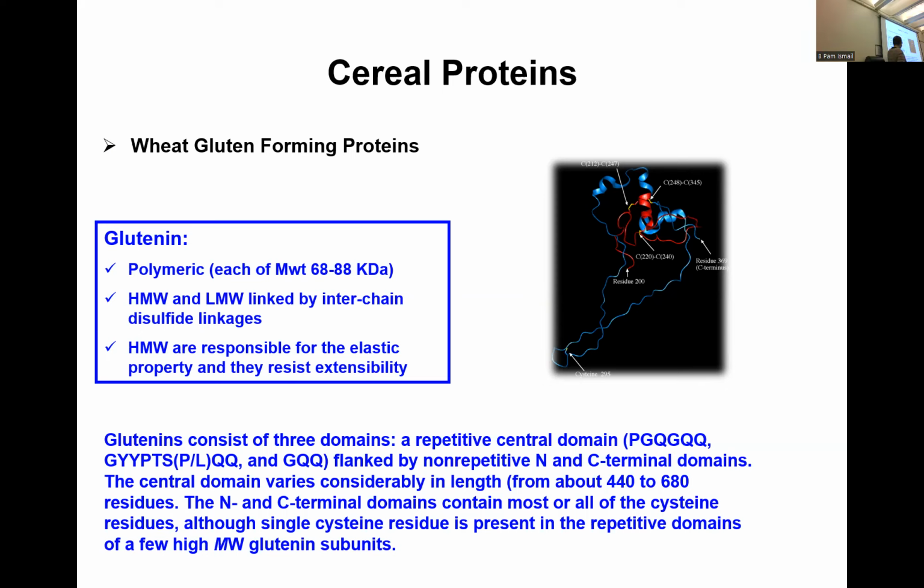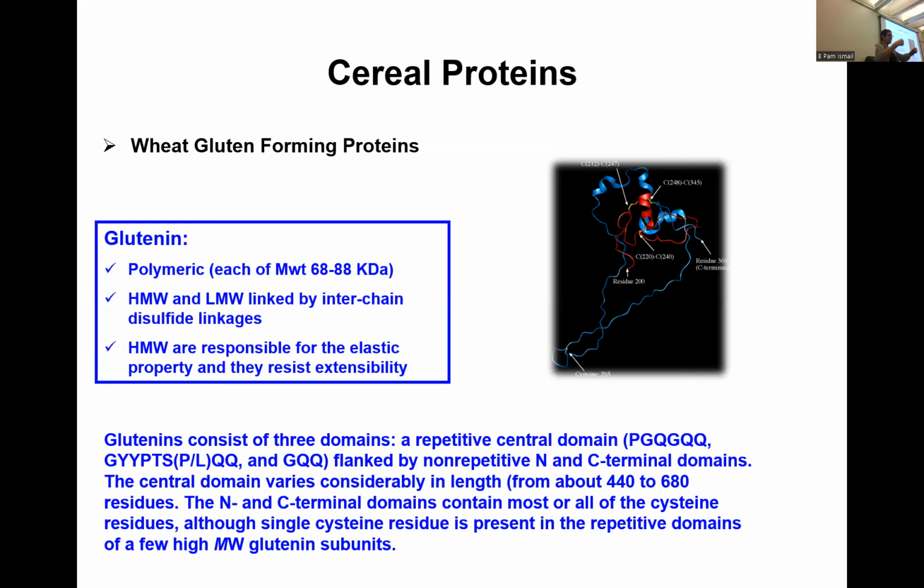It says here there are three domains. There is a central domain that is repetitive, so you have a specific sequence that keeps repeating in the middle region. What is important to remember, not necessarily the sequence, is that there are not a lot of cysteine residues, but they are located strategically on the N-terminus and C-terminus areas.